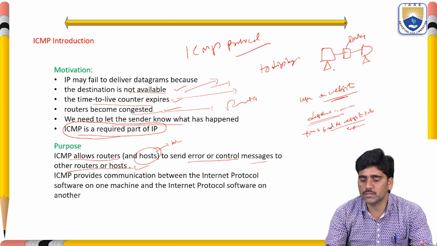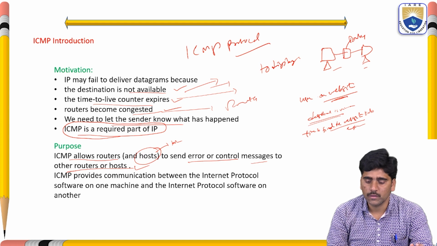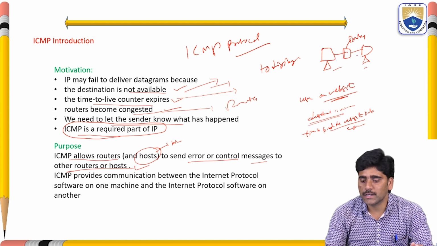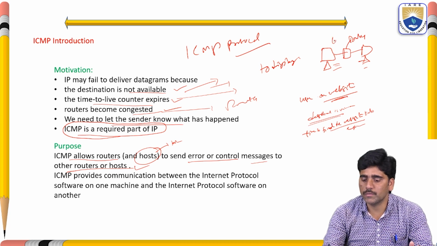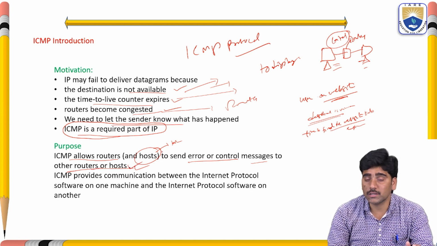So to display whether the connection between these two systems has any error messages or control messages, ICMP sends error or control messages to other routers or other hosts.